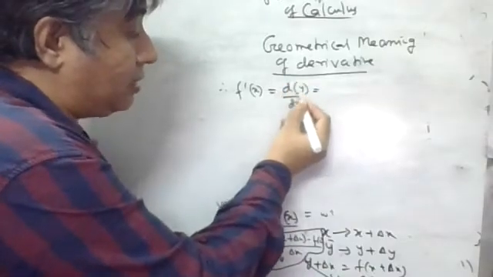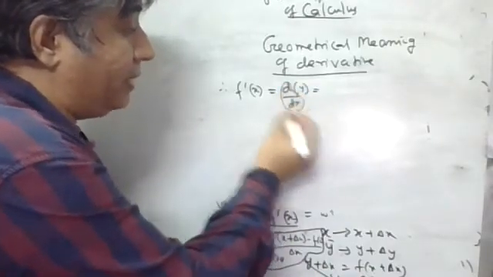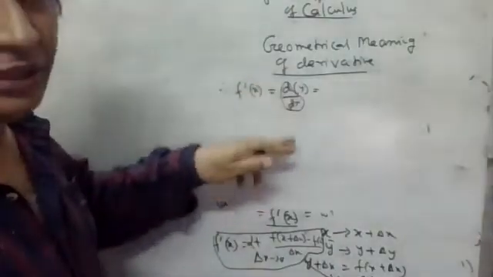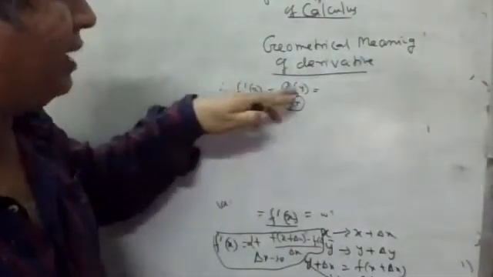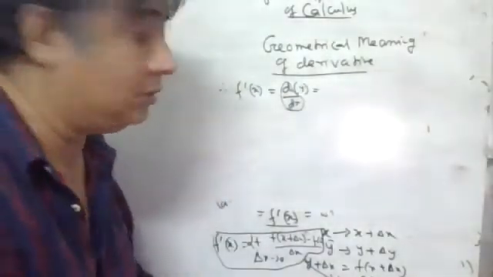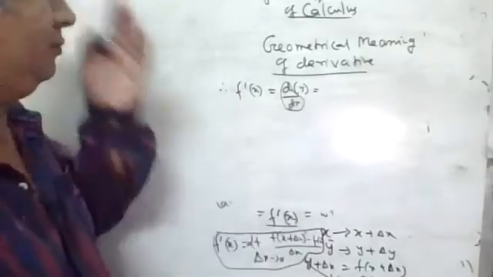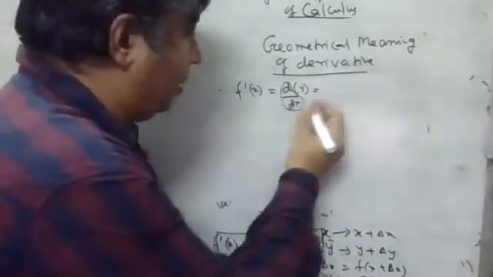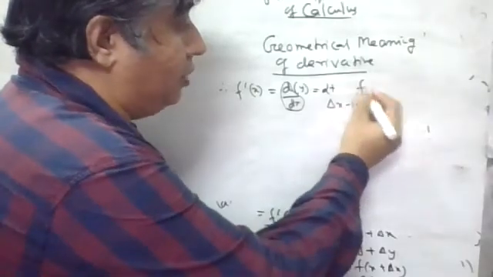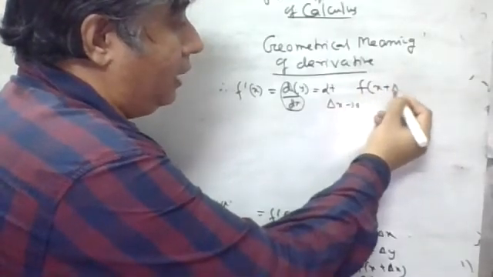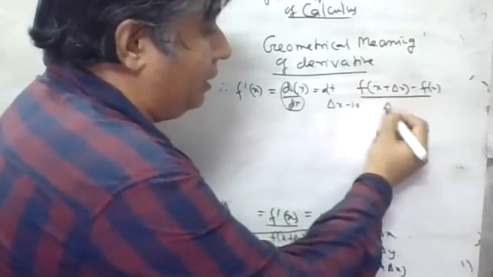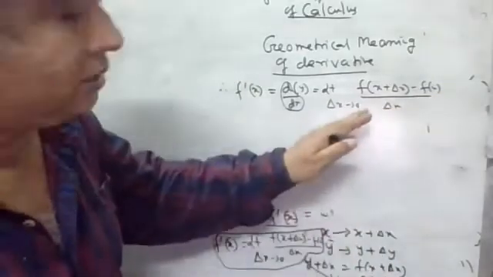Here you must remember d/dx is an operator. Don't cut it like this. It is an operator, d/dx. With respect to x, you are differentiating. Now dy/dx, f dash x, is limit delta x tends to 0, f of x plus delta x minus fx by delta x, we have just got.